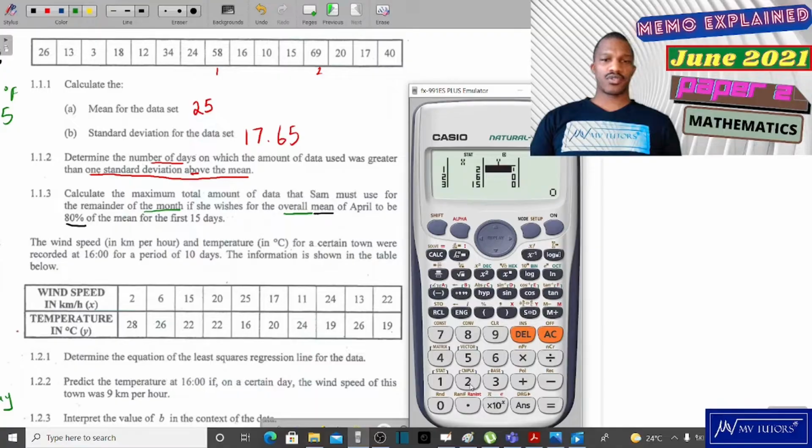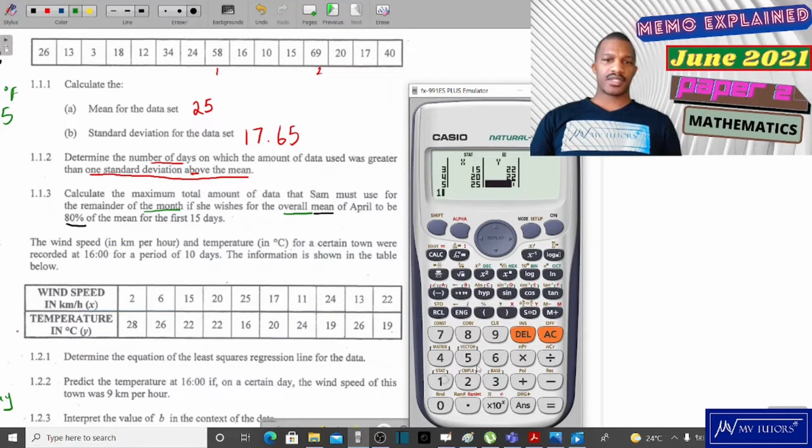Let's fill in the y values. The first one is 28. So we go equals, and then 26, equals, and then 22, equals, and then 16, equals. Hold up, 22 is twice, right? So let me go back. 26, 22. So I should put a 22 right here.